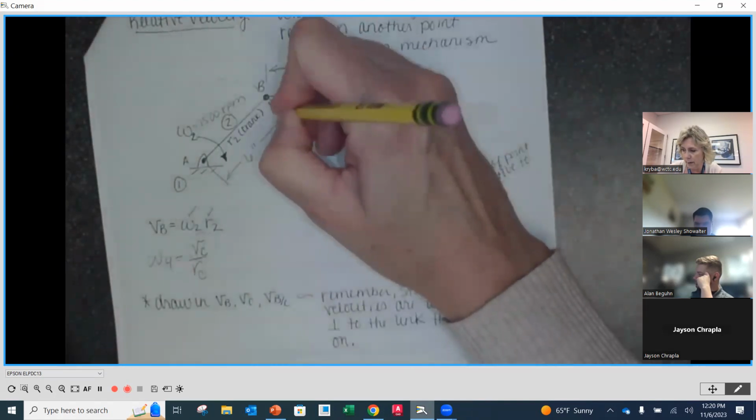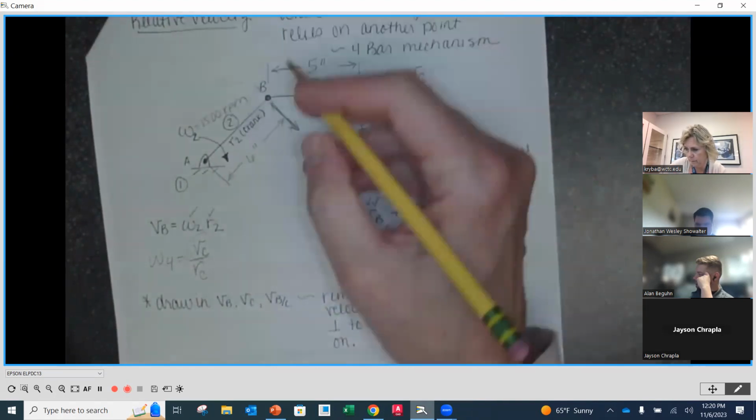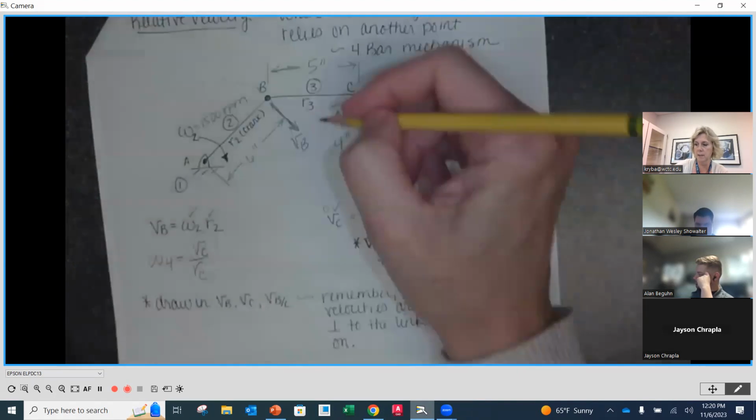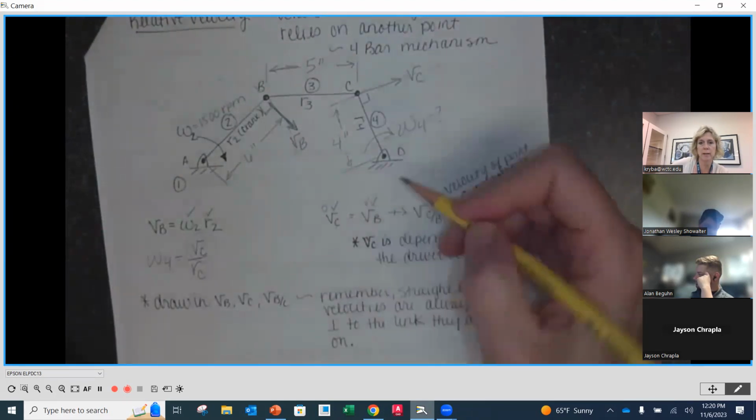So here is where the velocity of B is going to be. It's perpendicular to this, right? Perpendicular to that. Okay. So we know both magnitude and direction there.